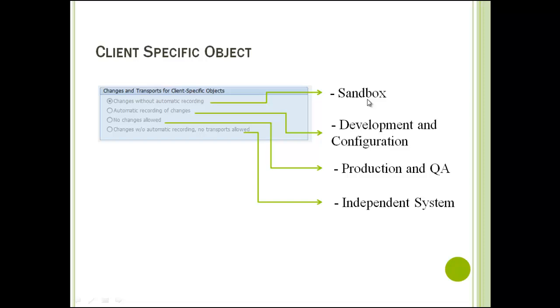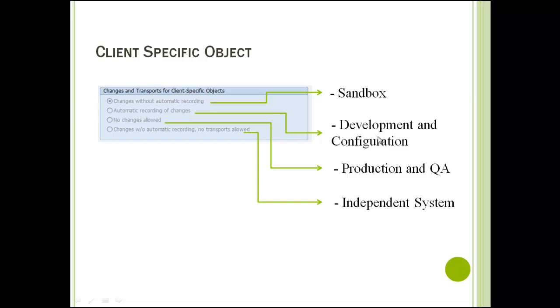So this is generally used for sandbox. Why is it used in sandbox? In a sandbox, as consultants, we like to make some changes and test whether it is going to work or not. In those cases, we will not be creating any TRs. We just want to make the changes and see whether the solution is working. So this is generally for sandbox, or you can also select this for an independent system. You have an independent sandbox system, then you can select it like that. The next one is automatic recording of changes.